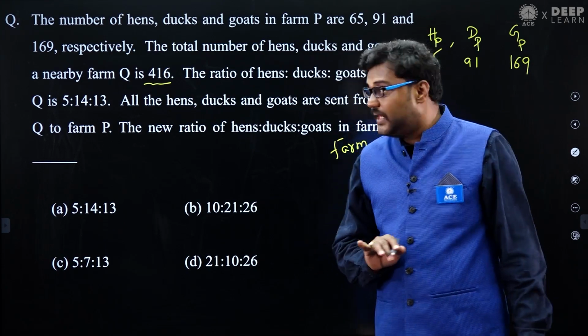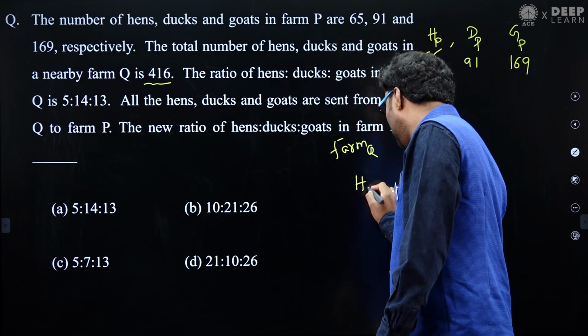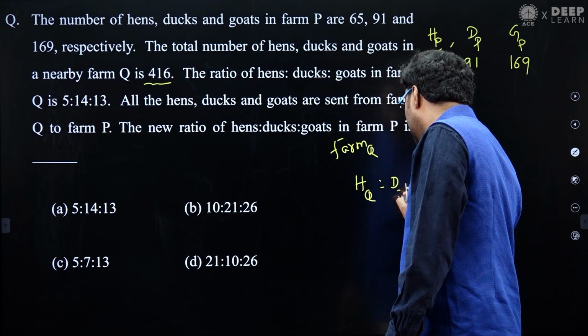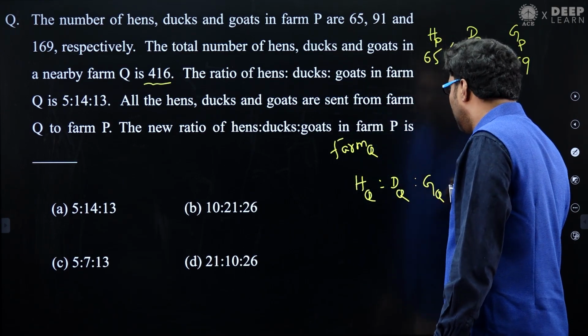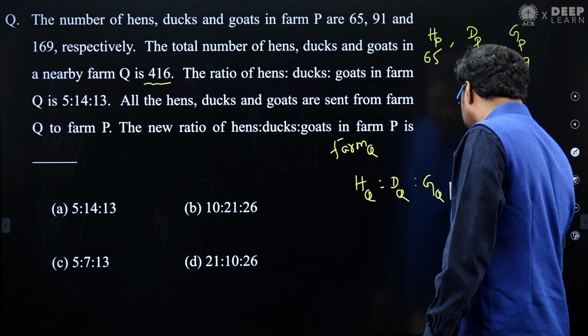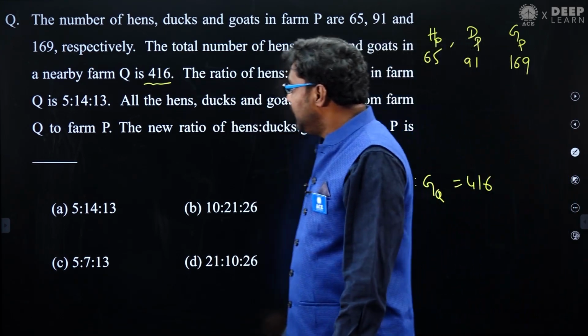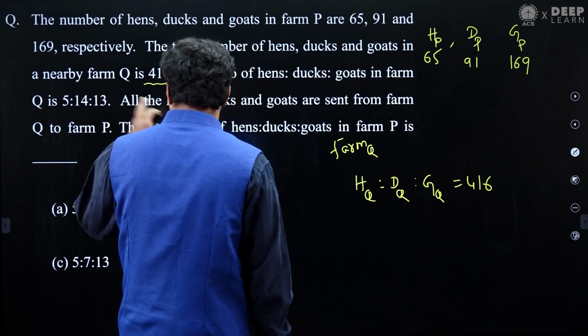Total 416 are there, which is how many hens, how many ducks, how many goats altogether, this is 416. But this is in the ratio 15, 14, 13 they mention.